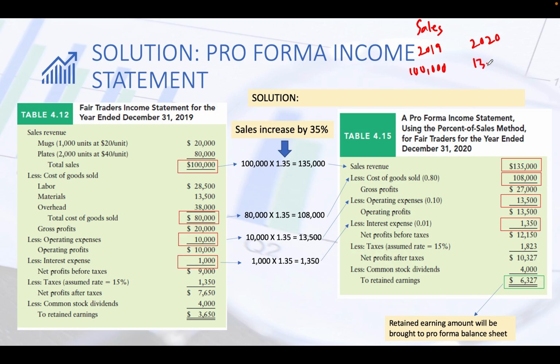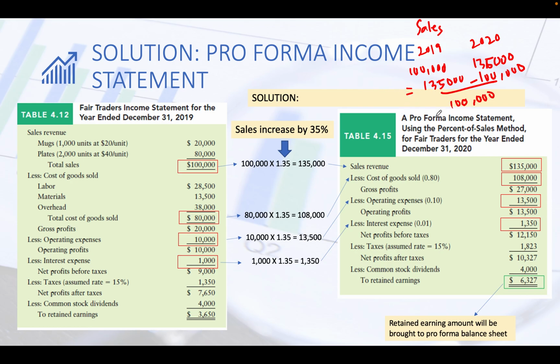2020 is 135,000. So the percentage is 135,000 minus 100,000 divided by 100,000.